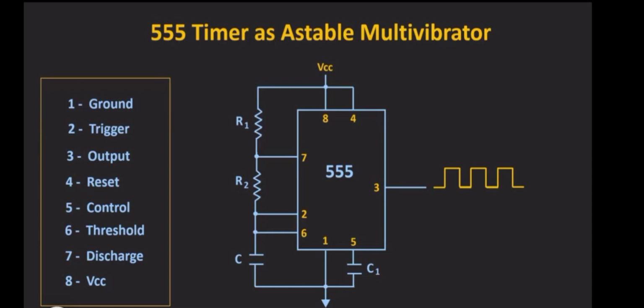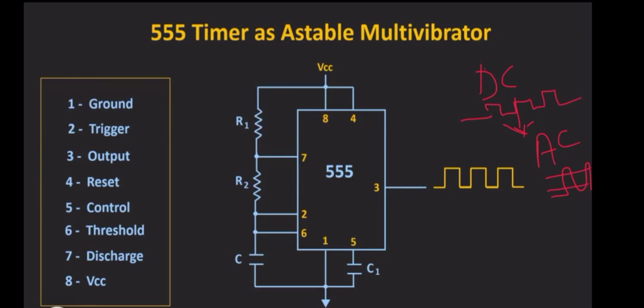In a free running oscillator, you know that an oscillator converts DC to AC. Without giving any external input signal, you are generating an oscillation, from the low state to high state.